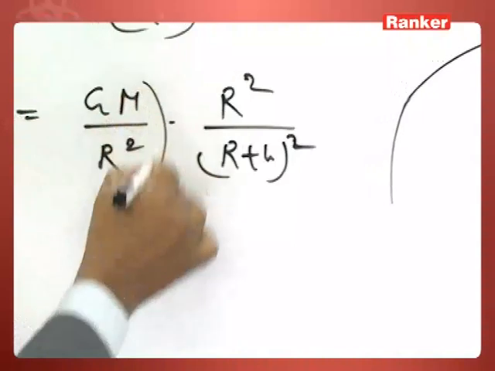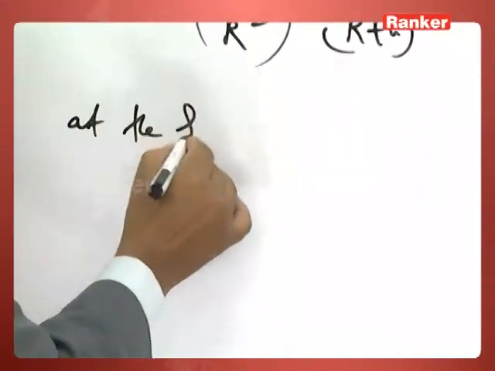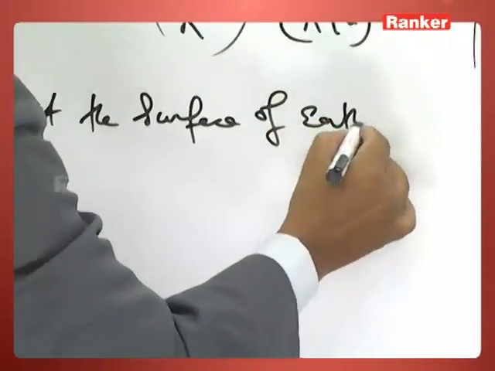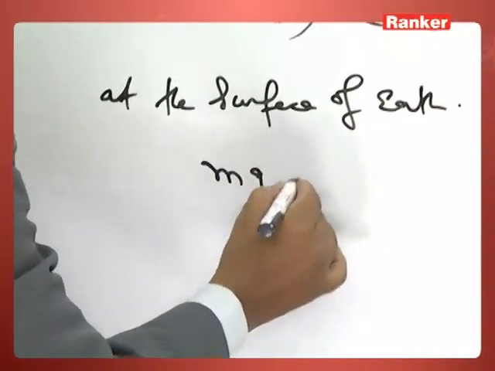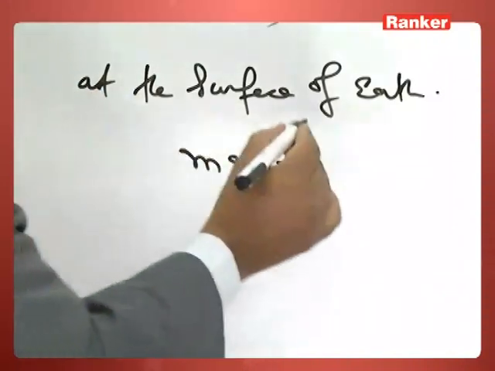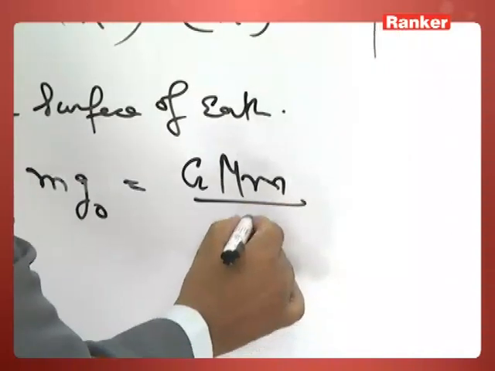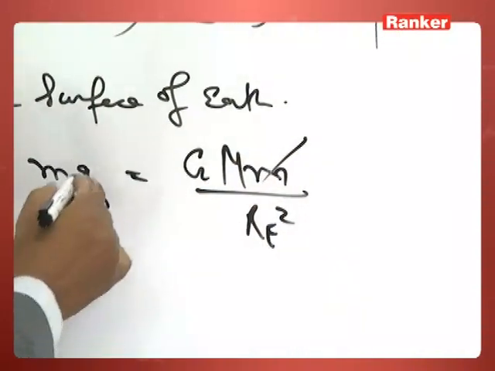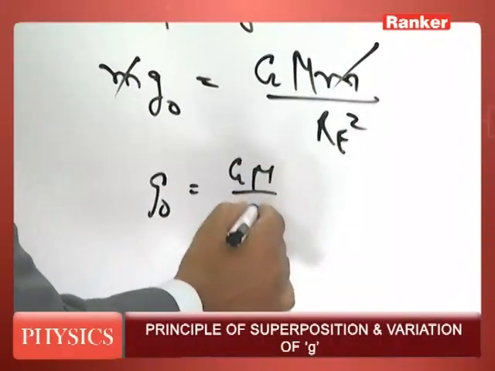Look at this term. At the surface of earth, if we have a mass m, then its weight will be m g naught, where g naught is the acceleration due to gravity at the surface of earth, so we have g naught is GM by R square.